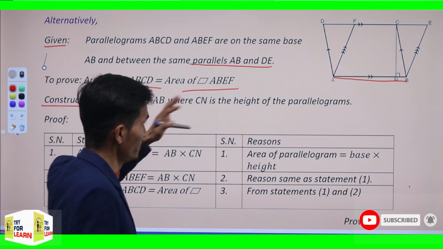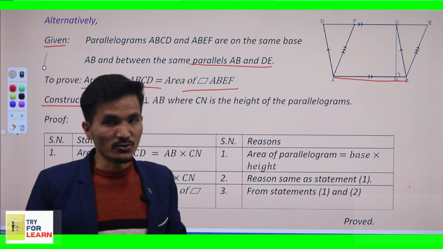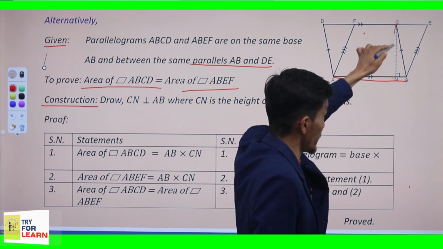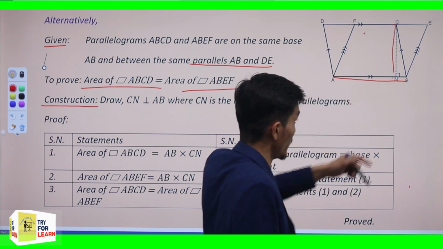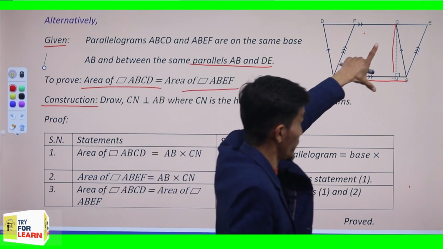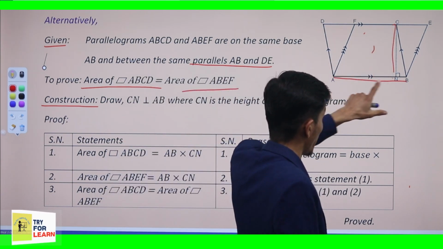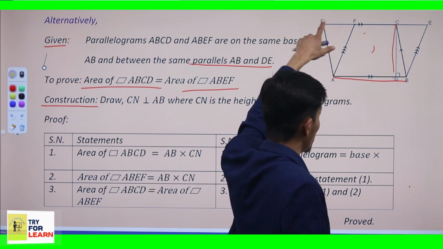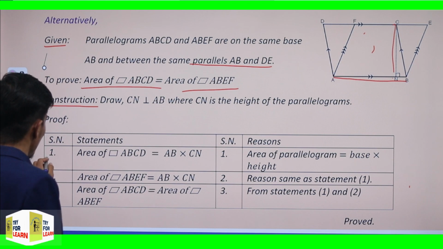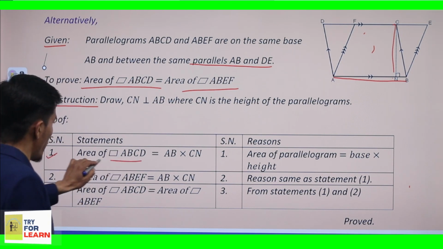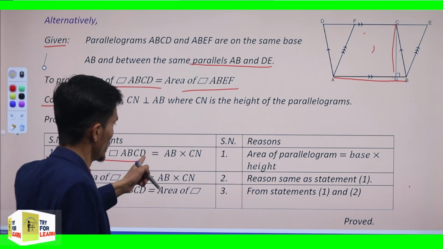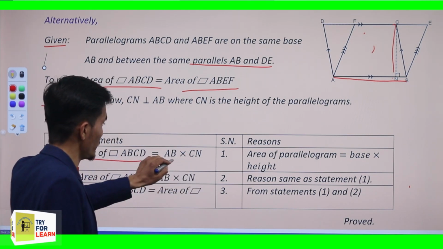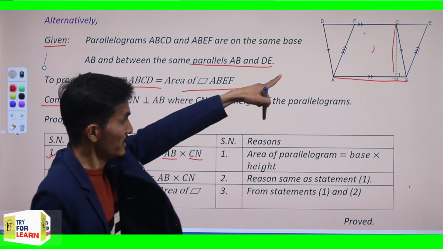Construction. To prove this, we need to construct CN perpendicular to AB. So this CN becomes the height of parallelogram ABEF and parallelogram ABCD. Statement: first, area of parallelogram ABCD equals base into height, where base is AB and height is CN.